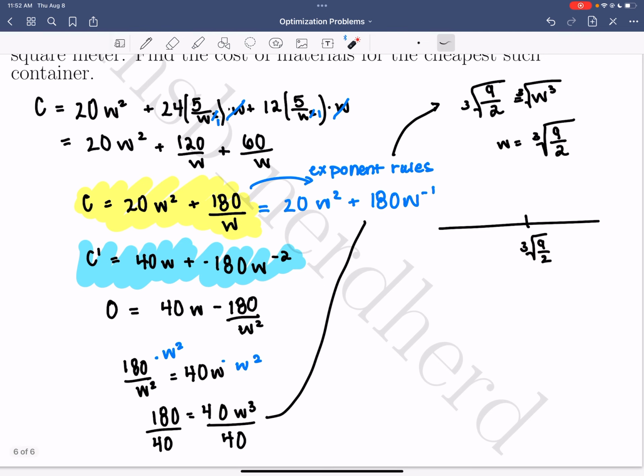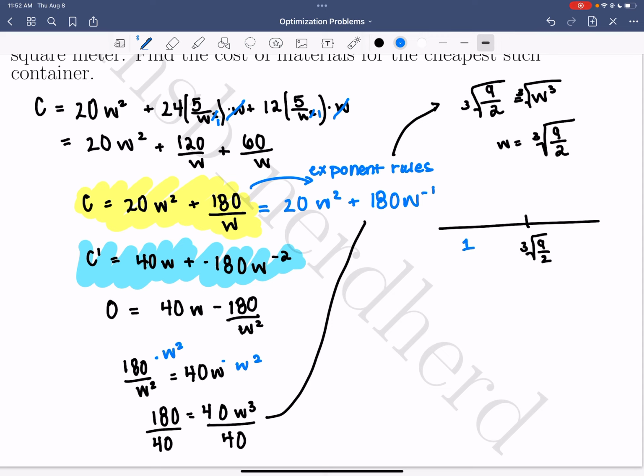If we plug in 0 into this, we can see that we would end up with an undefined number. So we're going to pick any random number that is smaller than the cube root of 9 over 2. I believe that the cube root of 9 over 2 is bigger than 1, so I'm just going to go ahead and plug in 1.